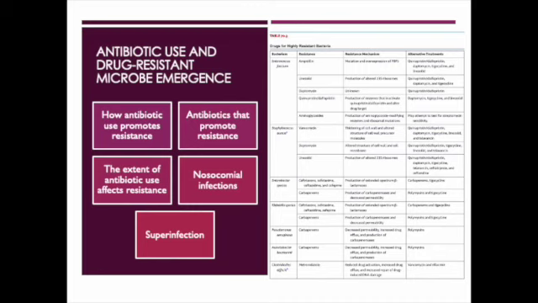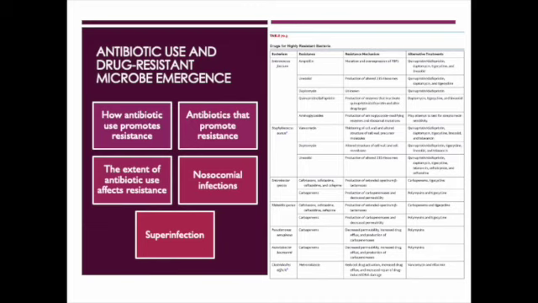Let's talk about what this would look like under a drug-free condition. Various microbes in one region will keep each other in check, and none of these organisms are going to be drug resistant. But when you introduce the antibiotic, it's going to have equally detrimental effects on all of those microbes in that population.